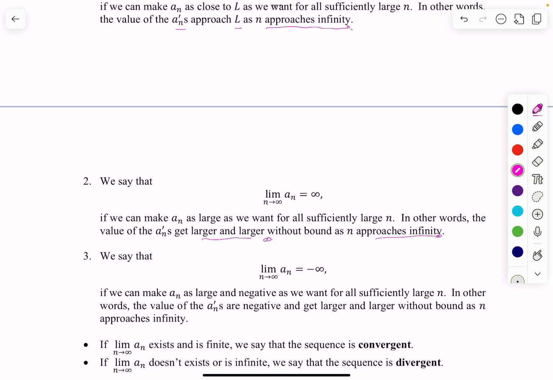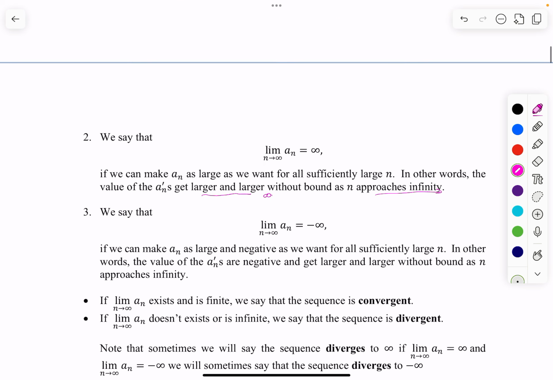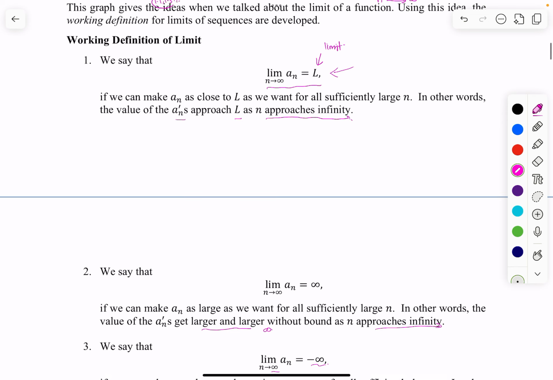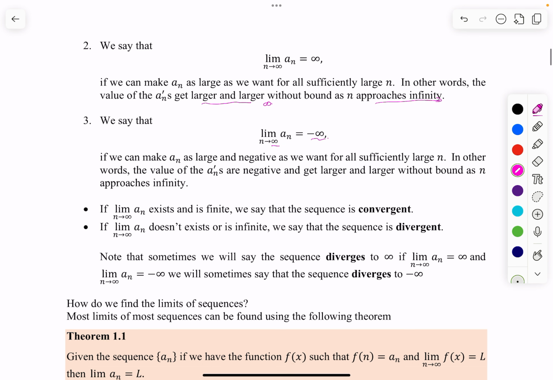Likewise, if the limit of the sequence a_n as n approaches infinity is negative infinity, the values of a_n are negative and get larger and larger in size without bound as n approaches infinity.